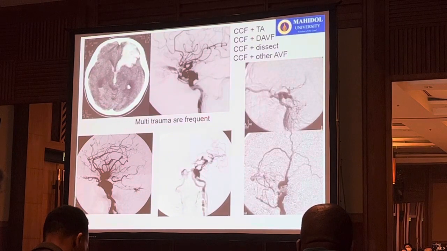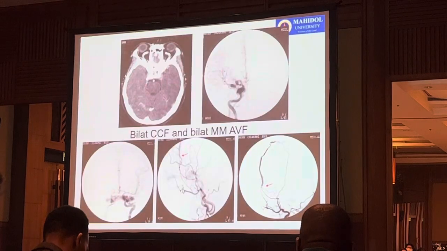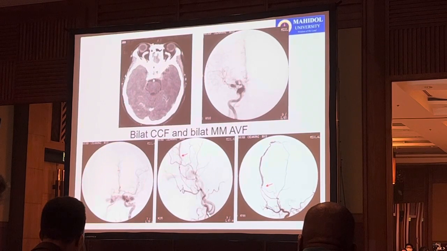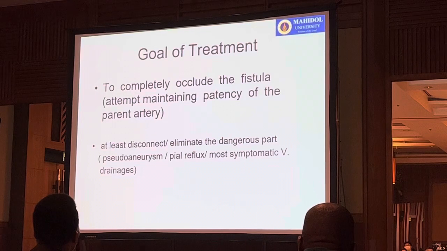You can have this external carotid fistula in the same patient with CC fistula. So be careful concerning one patient. You have bilateral CC fistula, you have bilateral external carotid fistula. This can easily happen, and you can overlook it if you just go on with the ipsilateral.